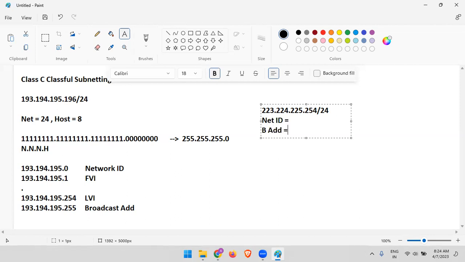So what will be the network ID and broadcast address? Network ID ending in .0, broadcast ending in 255. Correct.